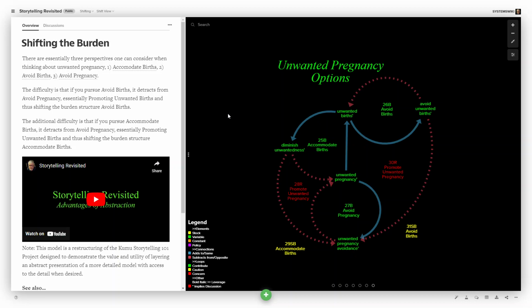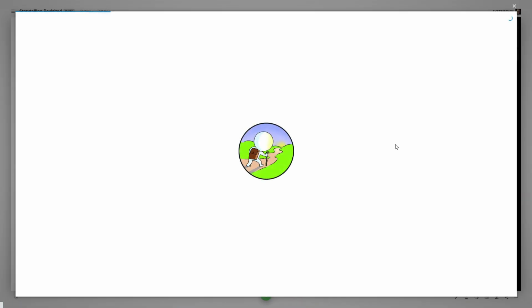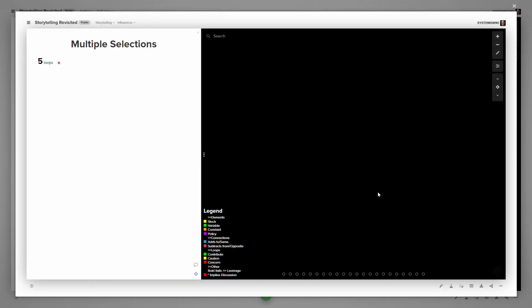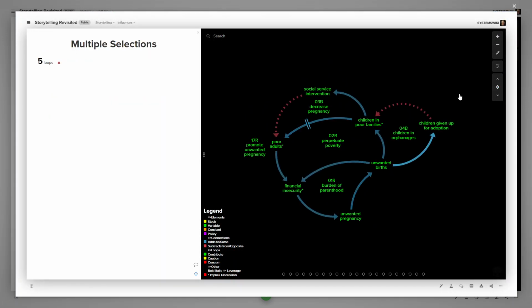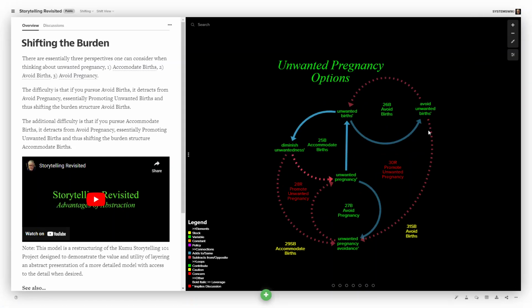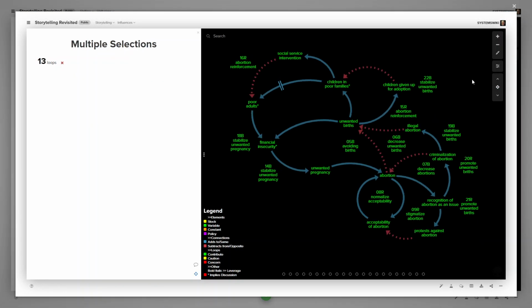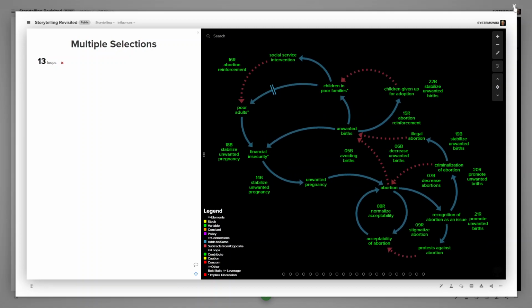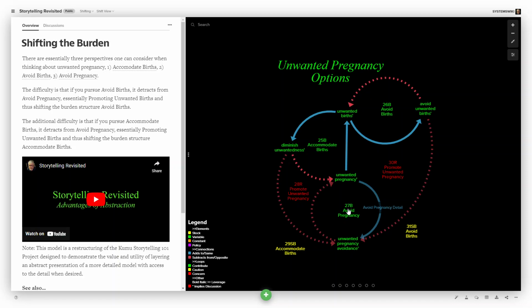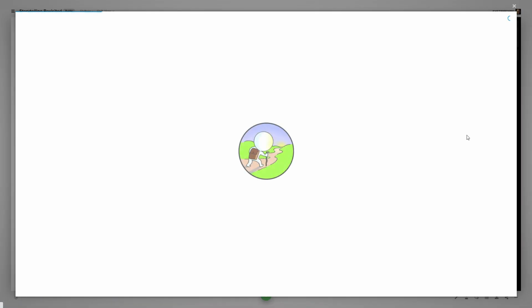And to put them on the model would be probably dozens of additional connections, because the accommodate births piece is actually multiple loops, so that all of these loops are the accommodate births piece, and all of these loops are the actual avoid births pieces, and these pieces are the avoid pregnancy detail.